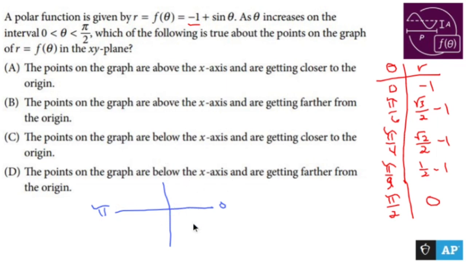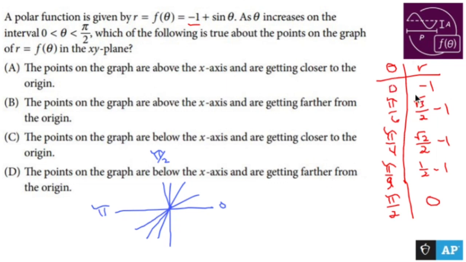This is 0, this right here is pi over 2, and then you would have pi over 6, pi over 4, and pi over 3. I'm going to try to recreate that over here in this very sloppy picture that I have.